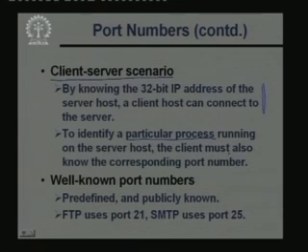So, the client must also know the corresponding port number. This means that whenever a client wants to connect to a server, you need to know the IP address of the server machine and also the port number which will identify the particular process which is running on the server machine.